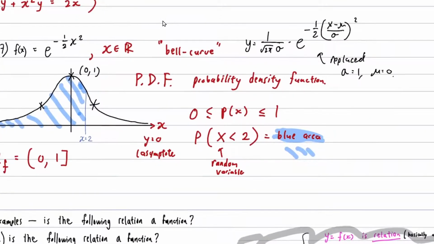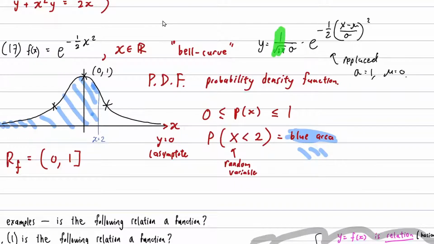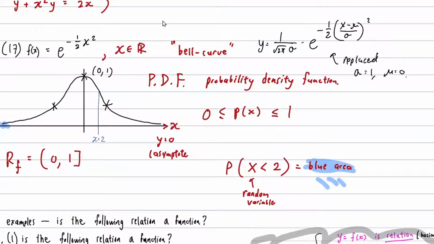Oh, right, sorry. Actually, this graph technically, area under the curve will not be the probability. I forgot. I need to scale it by a scale factor of 1 over square root 2 pi first. Wait, let me modify this diagram. This guy is a more flat version of the original graph.